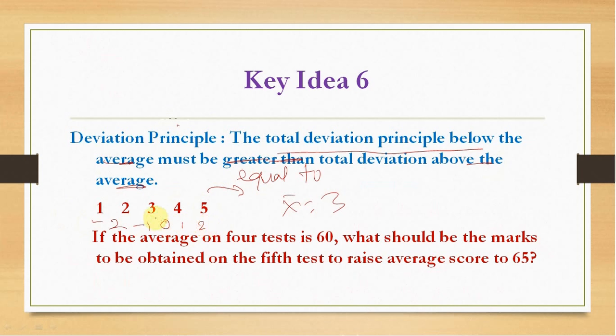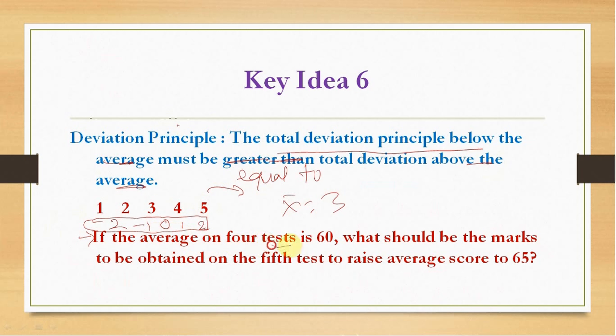So in absolute terms, the deviations are equal. This principle can also be stated as: the sum of deviations must be 0. The positive deviations must cancel out the negative deviations. We can use this idea to answer this question.